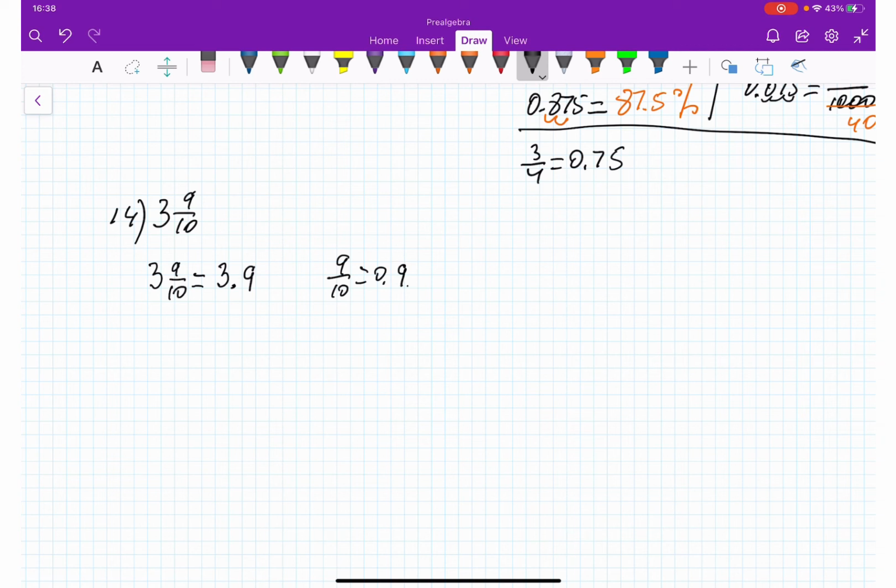You write down 9 and then move by one position. You get 0.9. So since I have 3 also, it will be 3.9. And 3.9, if it's decimal, then to get percentage, we move by 2 positions to the right, right? 1 and 2. So it's going to be equal to 390%.